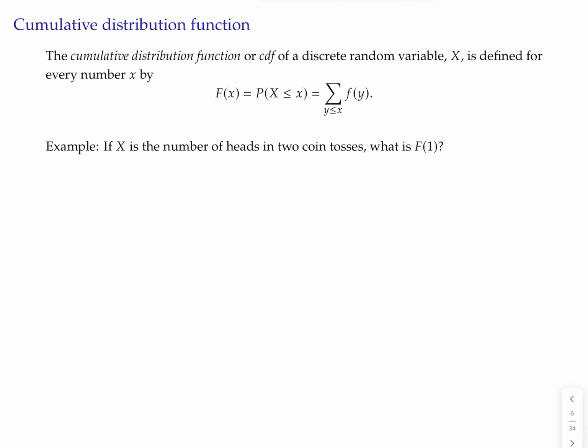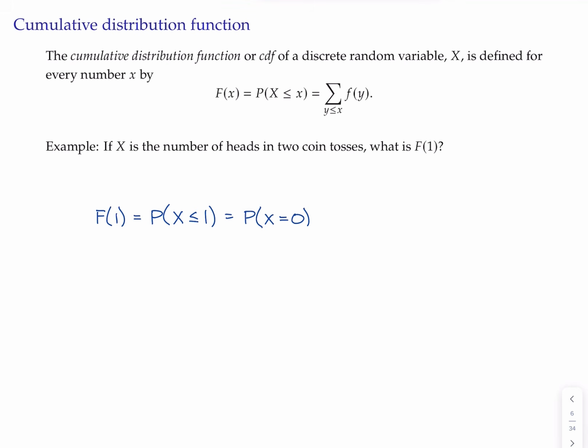But when you see this written out, hopefully it will strike you as very simple. So if I want to know capital F of 1, the CDF value when x is 1, that is itself just notation for the probability x is less than or equal to 1. So what can happen for x to be less than or equal to 1 in this running example?